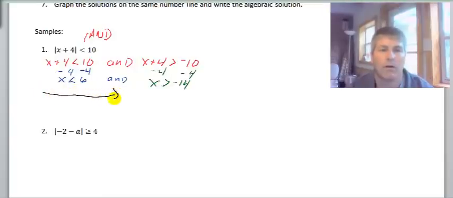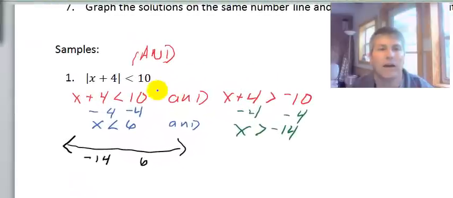So we go to our number line. We have critical points at 6 and negative 14. We want all the values that are less than 6. I did that in blue. So my parentheses mark the values that are less than 6. And x is greater than negative 14, so negative 14 also, in that direction.